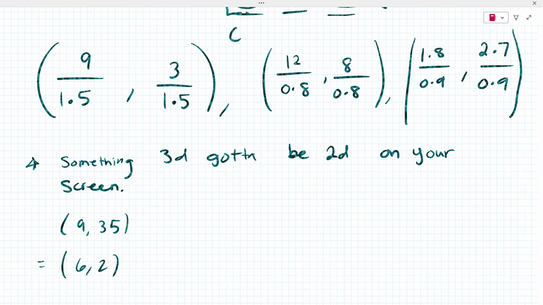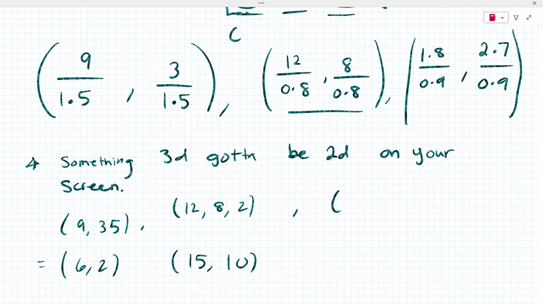How I got 6, 2 is I simplified 9 over 1.5, which is 6, and 3 over 1.5, which is 2. And the 3D coordinate 12, 8, 2 on the screen will be 15, 10. Basically, I simplified these ones. And then the 3D coordinate 1.8, 2.7, 1 will be 2, 3.